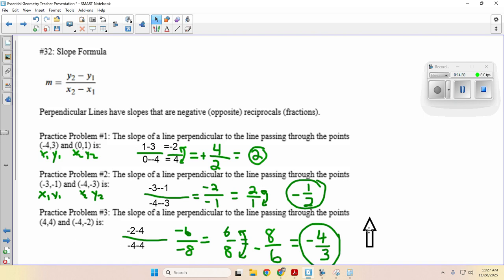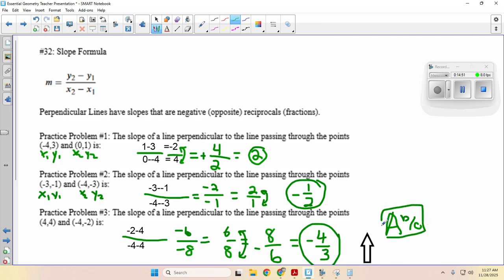If you don't know how to reduce this, there's a way you can do it using the fraction button on the calculator. The fraction button looks like this, A, B over C. You type in 8, hit the fraction button. On your screen, it's going to produce a little box, and then punch in 6 and then hit enter, and it will reduce it down for you.